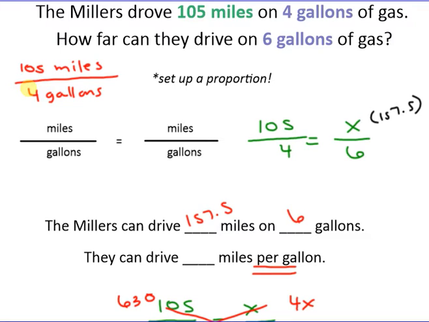So when I divide that, I get, I'm going to write it over here, 26.25 miles over 1 gallon. So they can drive 26.25 miles per gallon.